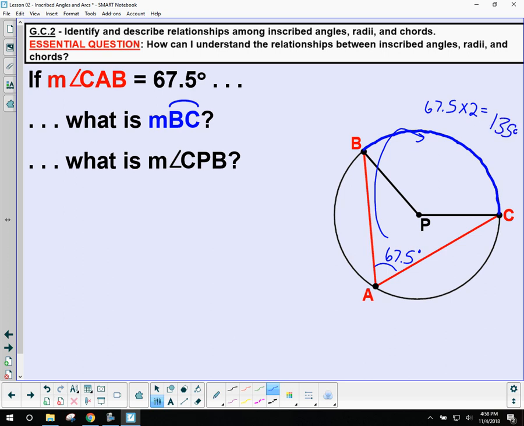And look, this is a central angle. I know it's not told that P is the center, I'm telling you it's the center. So this angle is going to be 135 degrees. So CPB is 135 degrees, arc BC is 135 degrees.